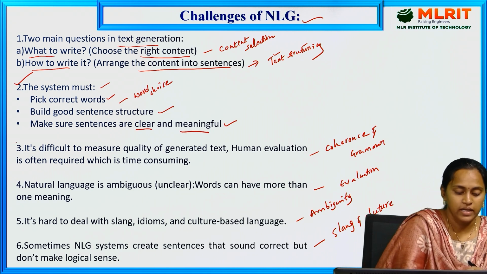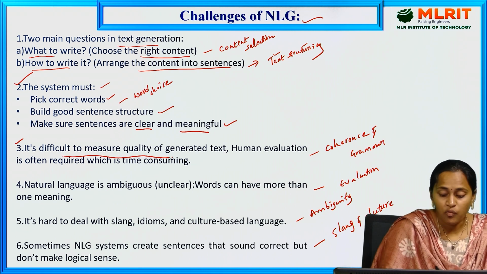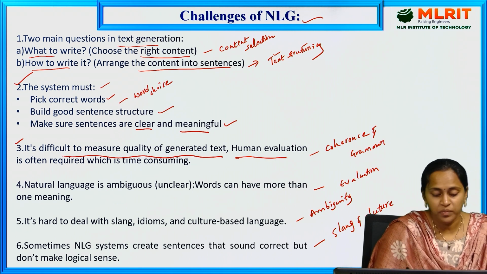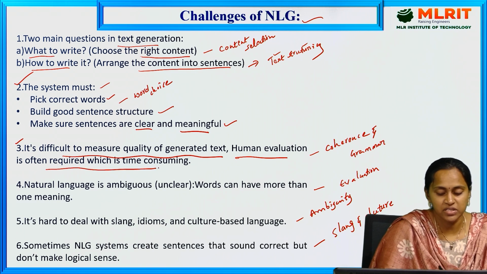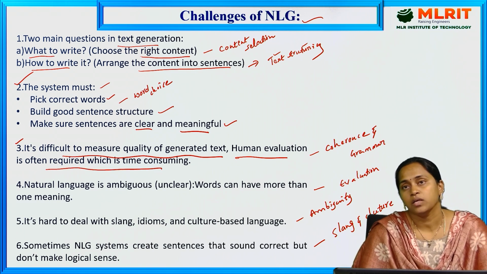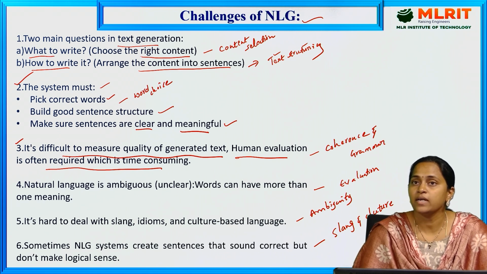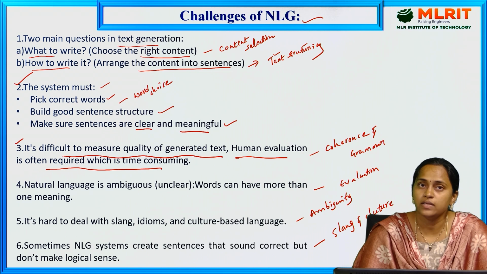Next, the third challenge: it is difficult to measure the quality of generated text. Human evaluation is often required, which is time consuming. Whenever we take data from the system, it converts into human text, and the human must understand what answer the system gives.